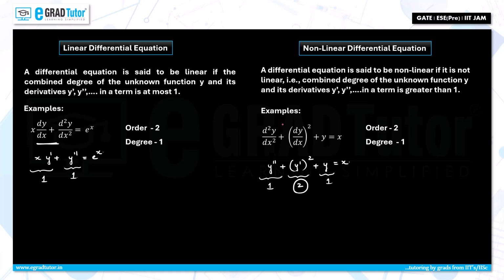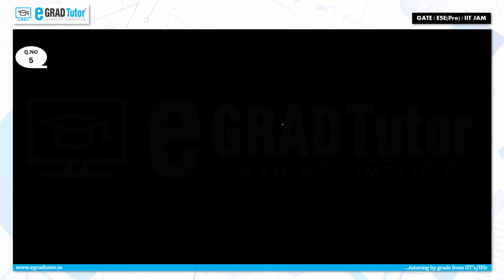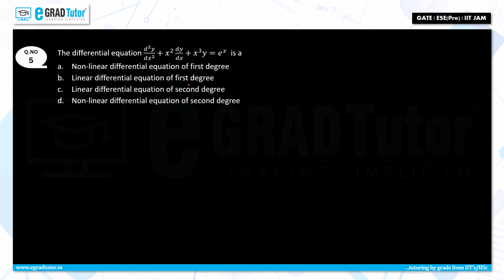This is a basic classification of linear and non-linear differential equation. It's very important. Okay. Now, let's answer a question based on the classification of linear and non-linear. So we are given a differential equation: d square y by dx square plus x square dy by dx plus x cube y is equal to e power x.